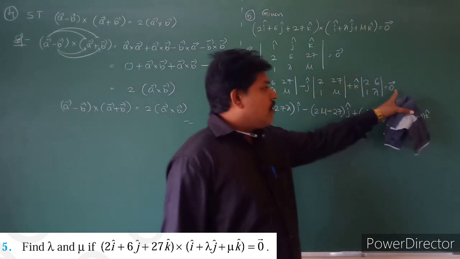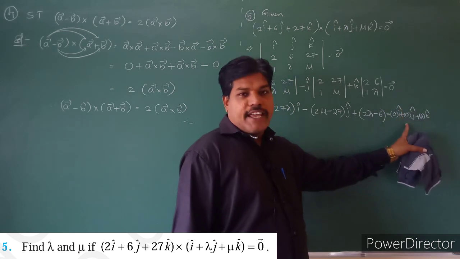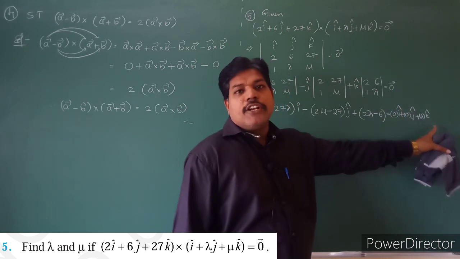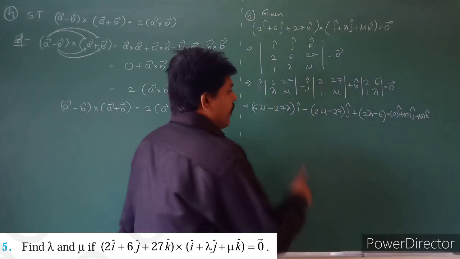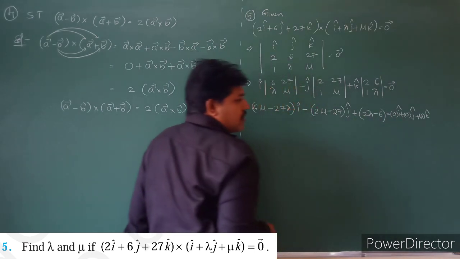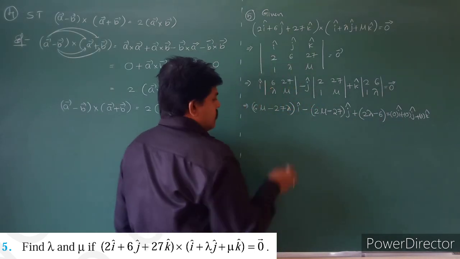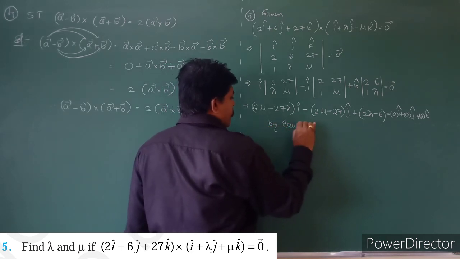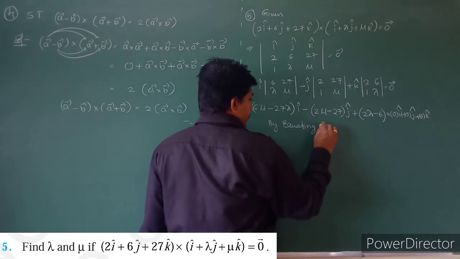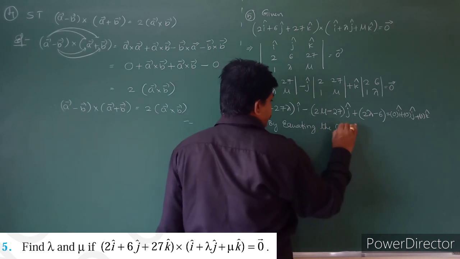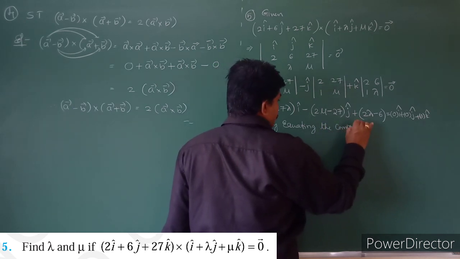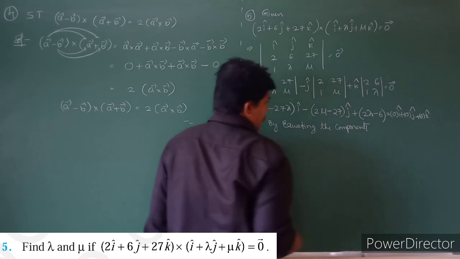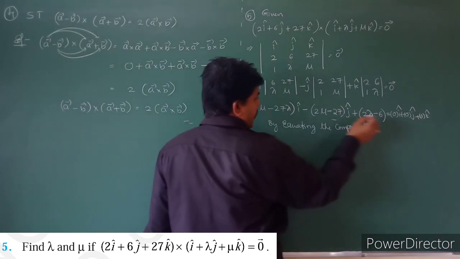What is the meaning of 0 bar? 0 bar is nothing but 0 into i cap, 0 into j cap plus 0 into k cap. So if the two vectors are equal, the components are equal. So by equating the components, I equate the j term.